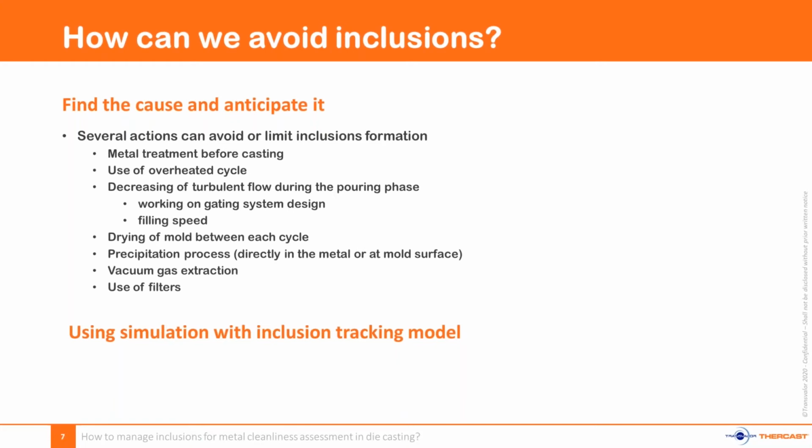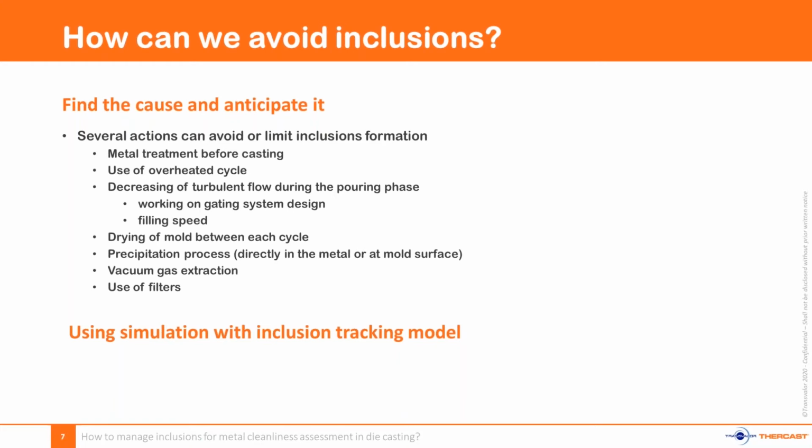Drying of the mold between each cycle, precipitation processes, directly in the metal or at the mold surface. We can also have vacuum gas extraction before the process, or a vacuum casting process directly. We can also use some filters. The use of filters is mainly to control the flow and also to clean the metal.